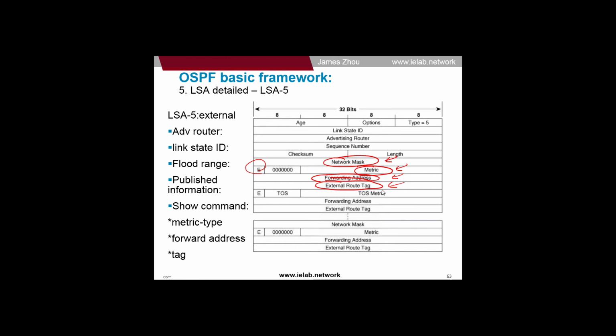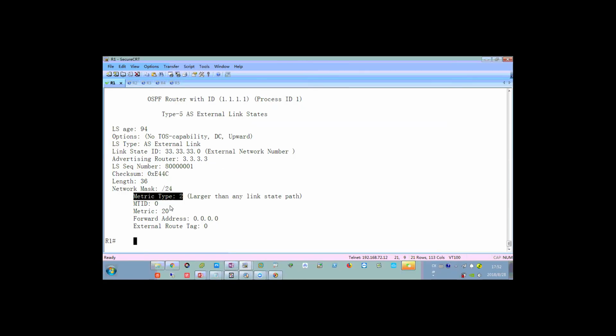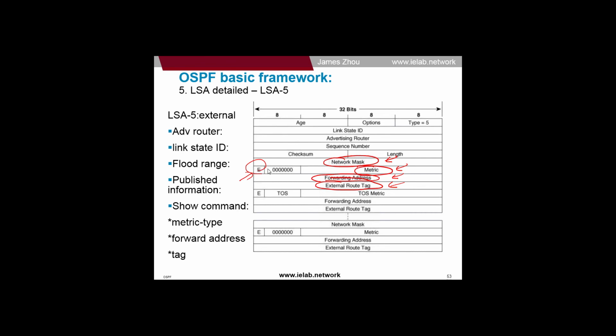Where is the metric type? It must have a metric type. Metric type 0 here means metric type 1, and 1 means metric type 2.